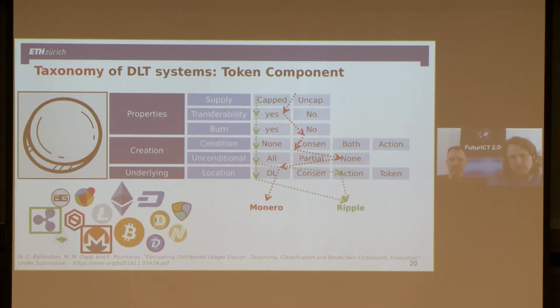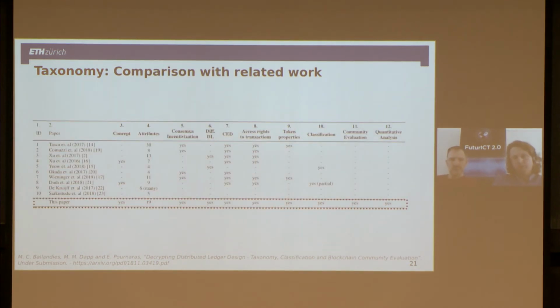Okay. So we compared our taxonomy with related work. We noticed that most taxonomies we found don't consider token properties in the taxonomy. Also, just some of them actually used the taxonomy to classify real-world systems, which could be seen as a missed opportunity to validate the taxonomy.